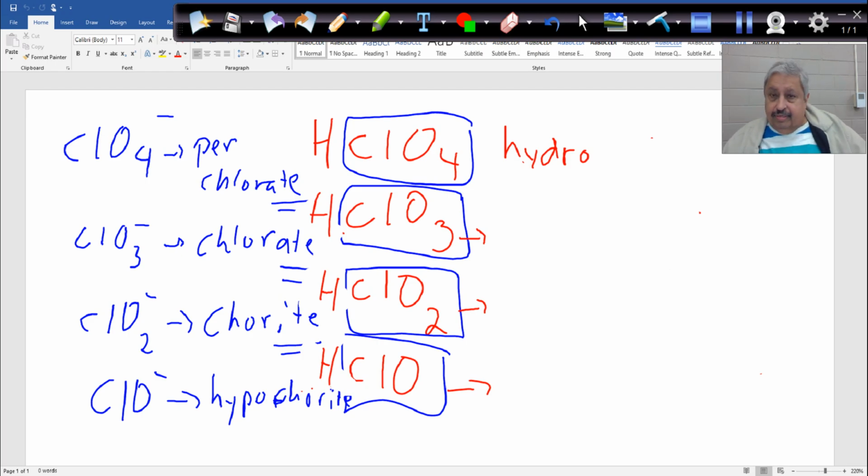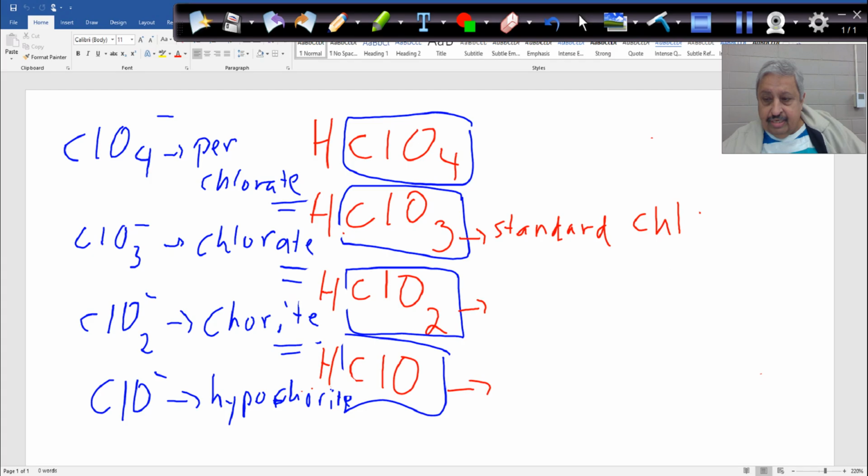This will not be hydro. We take the standard first. We have to determine what's the standard acid. This is our standard, and this is called the acid with the polyatomic. We said chloric, from chlorine, chloric acid.